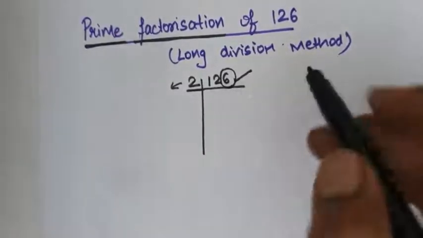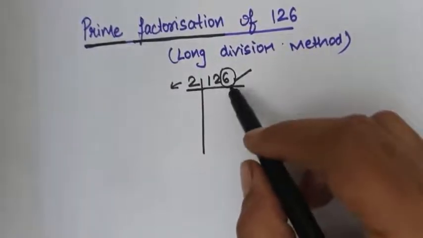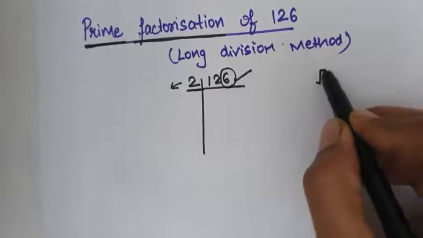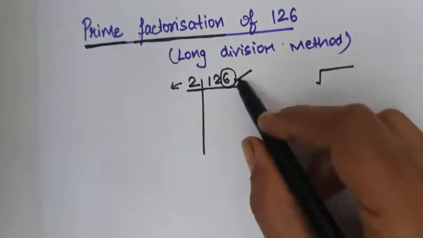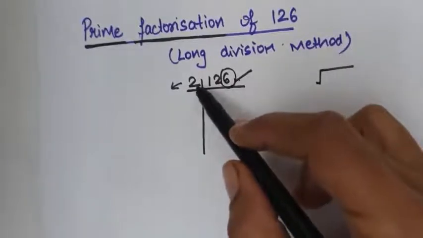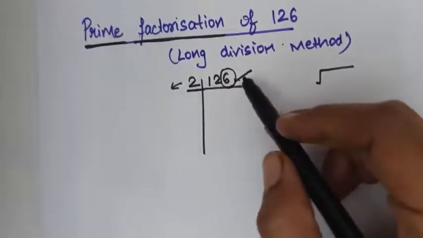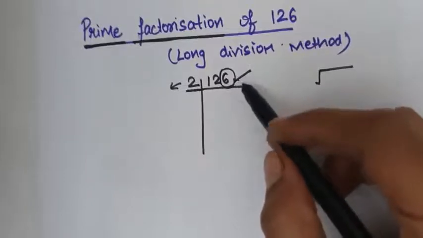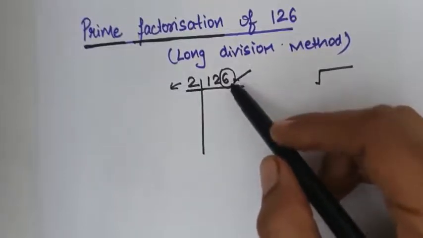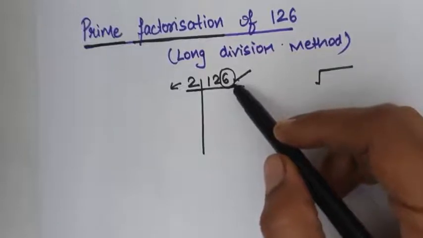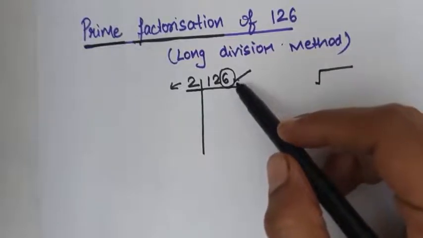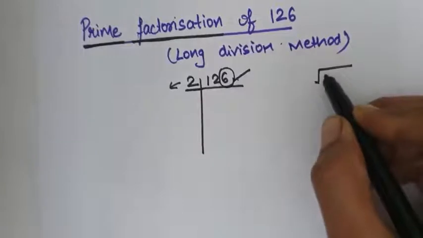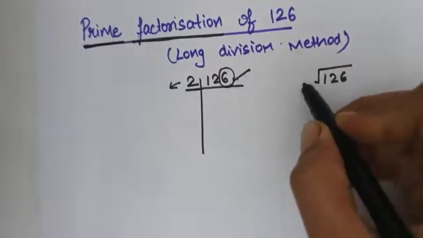Now we have to see where 126 comes in the table of 2, because the divisibility test has only helped us determine whether this number is divisible by 2 or not.